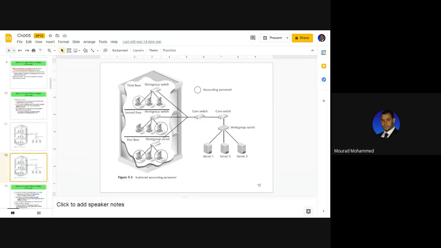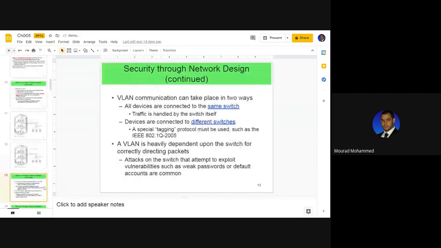This computer, for example, if it wants to send a message to this computer, it will use the same switch that this computer uses, but it will not see the messages sent by this computer because it's not in the same group, logically talking. Yeah, exactly what I was explaining.